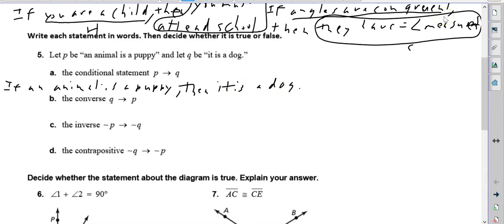So my P is animal is a puppy. That's my hypothesis. Then it's a dog. Is that true or false?